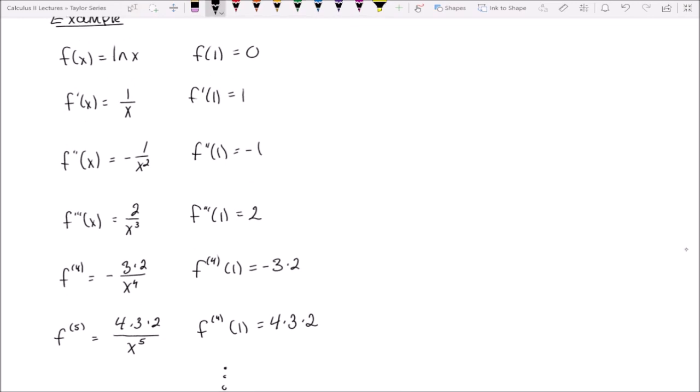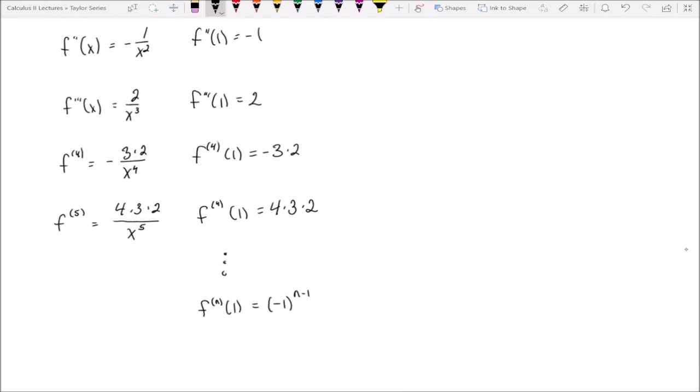Because, look, all the odds are positive. All of the evens are negative. Times n minus 1 factorial.